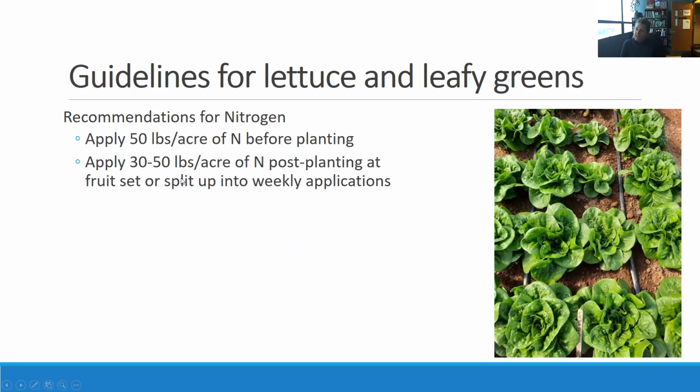I think it really depends on the leafy greens that you're growing. If you're growing lettuce that can be repeatedly harvested, cut and come again lettuce, then yes, I think you absolutely would need full applications. And we will go into how to split it up into weekly applications.